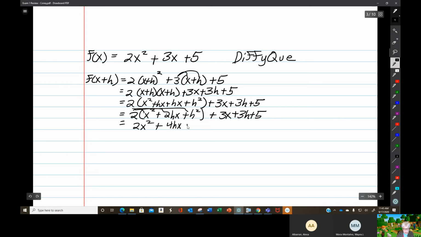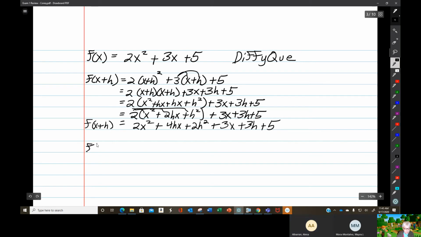So 4hx plus 2h squared. There you go. 2x squared plus 4hx plus 2h squared plus 3x plus 3h plus 5. That is what f of x plus h is going to be.